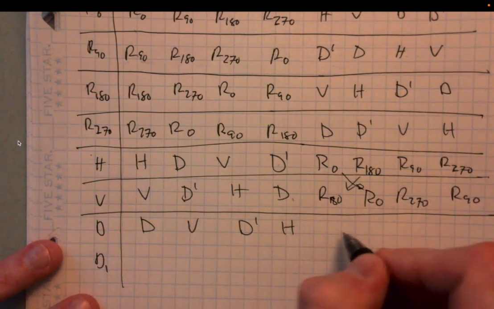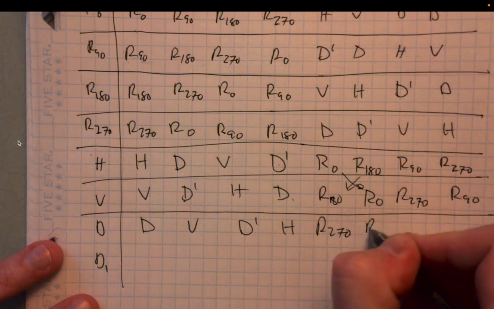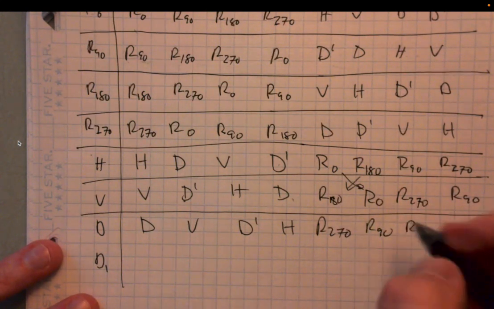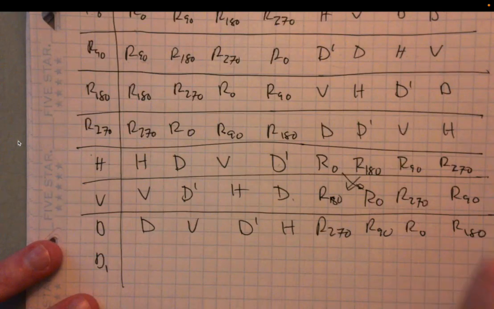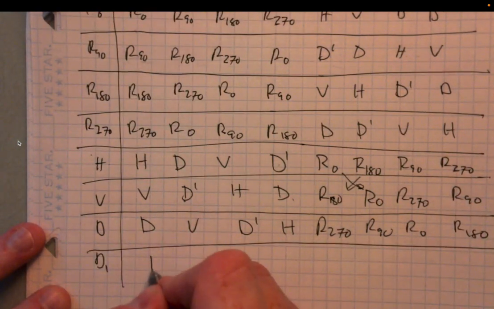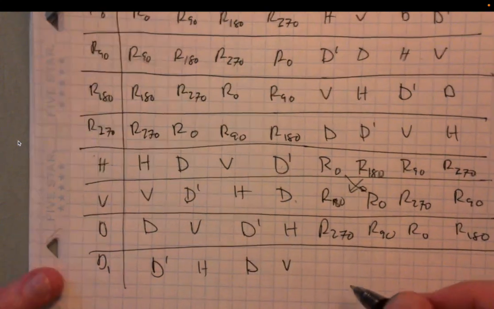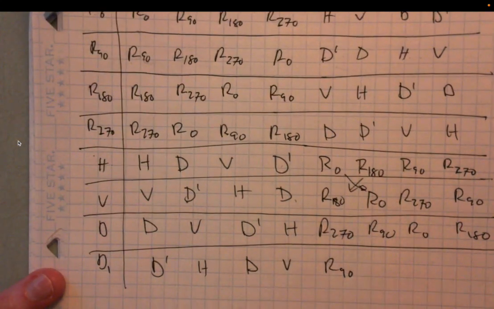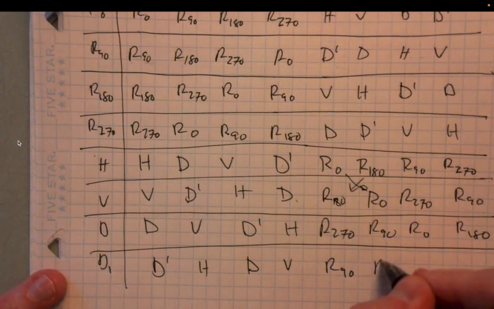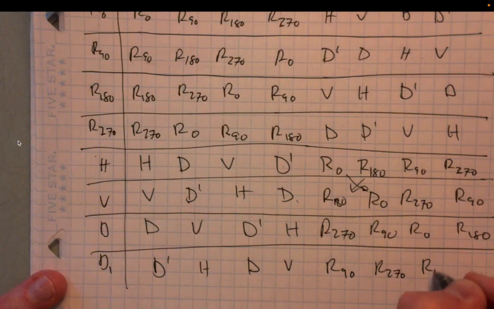And so then you've got over here R270, R90, R0, and R180. And finally, you've got D prime, H, D, and V, and then R90, R270, R180, and R0.